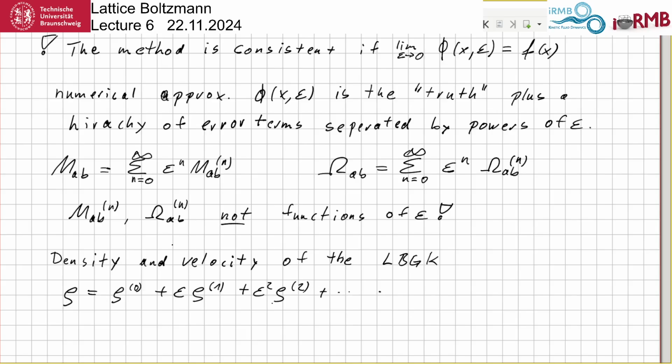So this is the asymptotic expansion of rho. Then we have a velocity u, which we can asymptotically expand in zeroth order plus epsilon first order plus epsilon squared u second order, and so on forever.